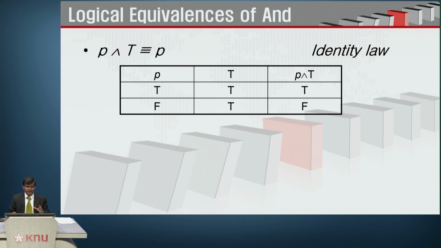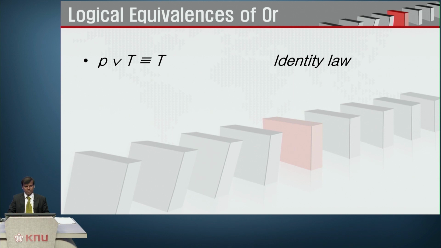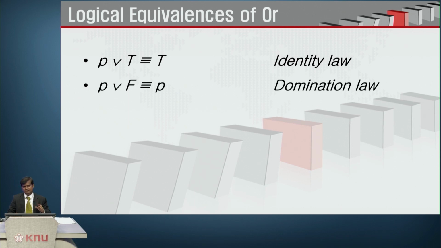So for AND, P and the true value, the output always follows P. But for OR, P or T, the output always follows T. And P or F, that always remains P, which is the domination law, the output always follows P.